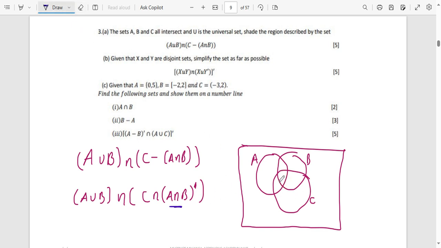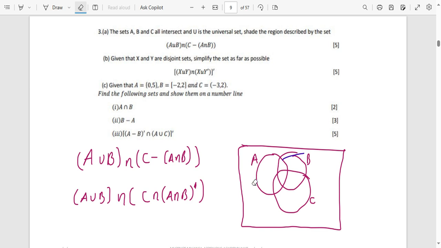But we want to shade everything, but then only where that region meets with C. That's the meaning of intersection. You want to shade what is outside A intersection B, but it should be in C. You're not shading just everything.